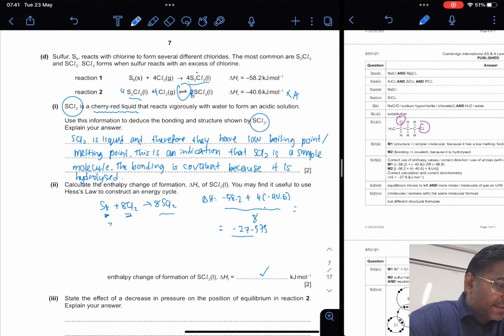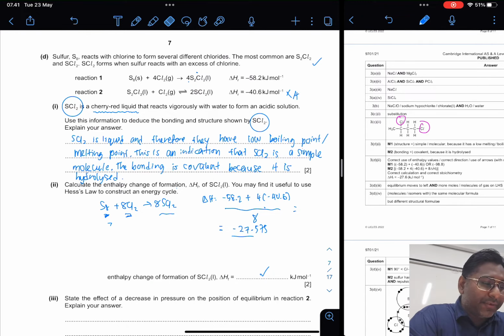So they say that sulfur reacts with chlorine to form different chlorides. The most common is S2Cl2, then SCl2. So we have two equations over here. They say SCl2 is a cherry red liquid that reacts vigorously in water to form an acidic solution.